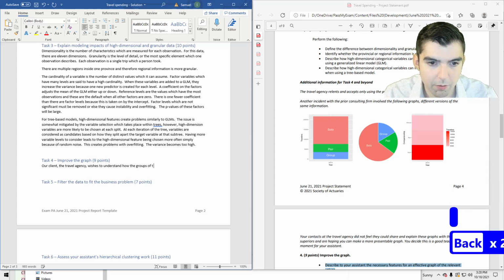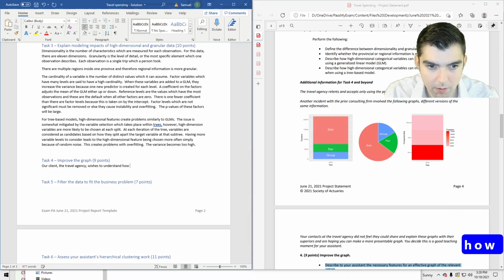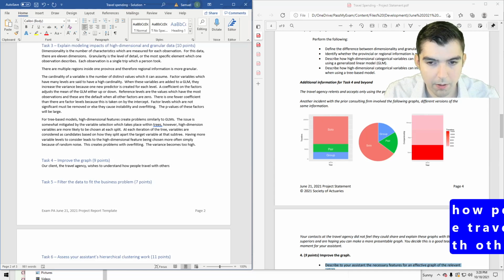Groups of travelers. Well, yeah. So I guess the companionship is like solo, group, or pair. With others.